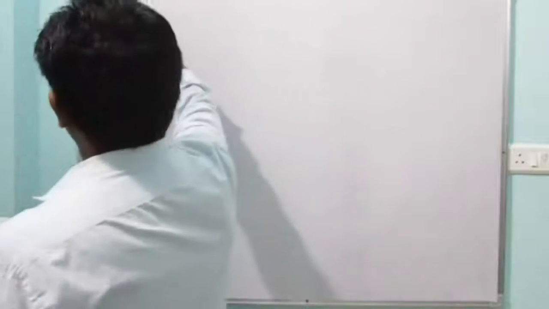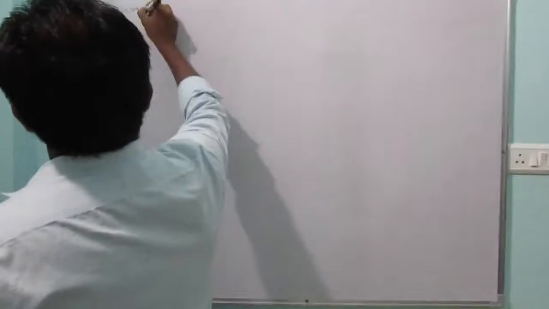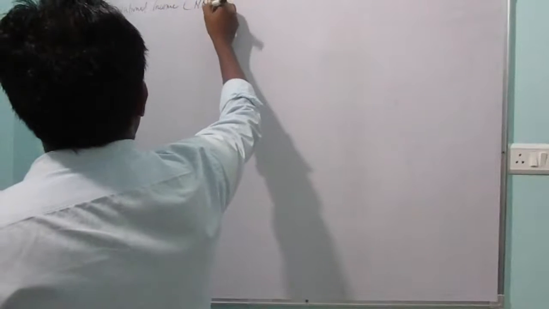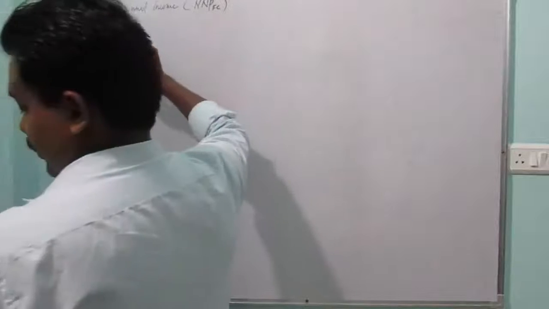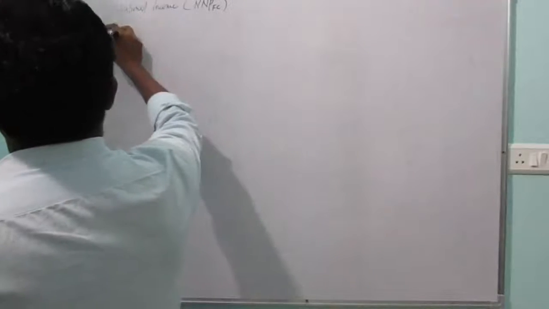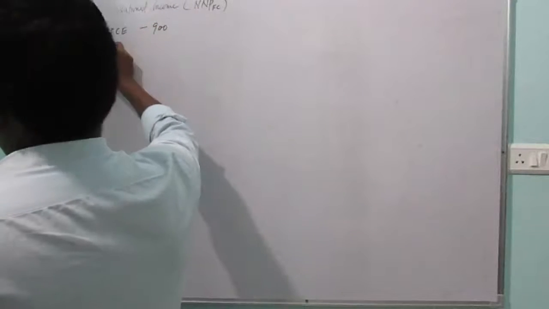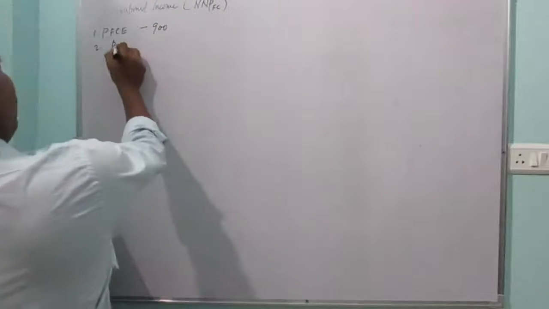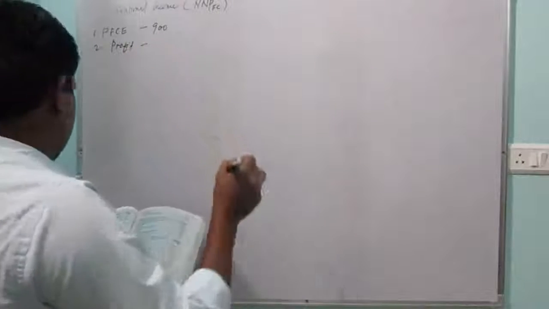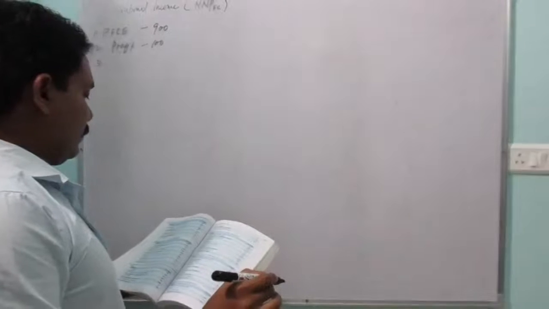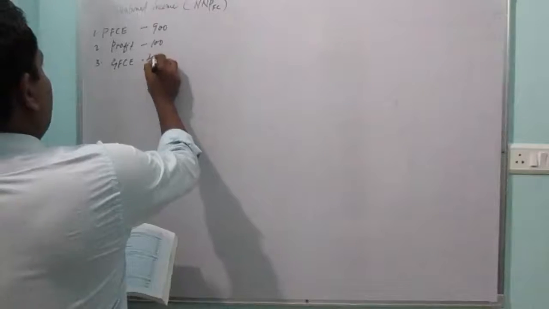Calculate national income. This is also national income. Finding national income. National income, I told before, NNP at FC. First one, private final consumption expenditure, that is 900. Next one, profit, that is 100. Next one, government final consumption expenditure, that is 400.